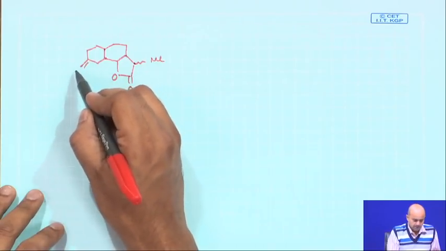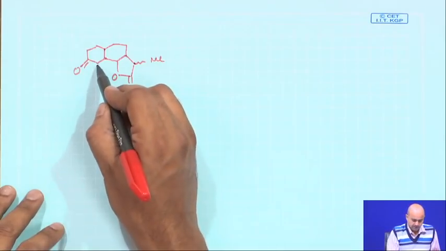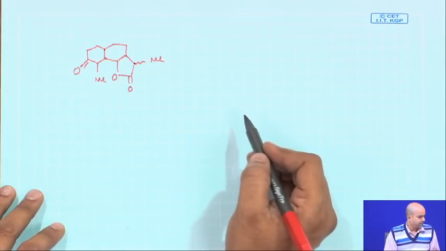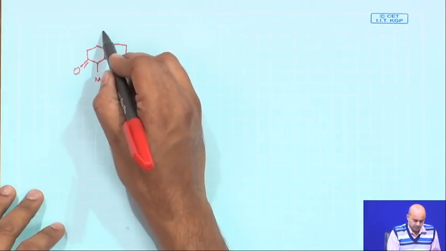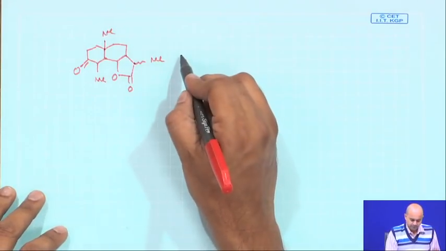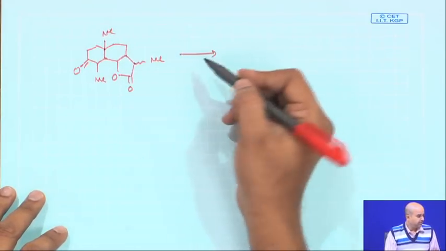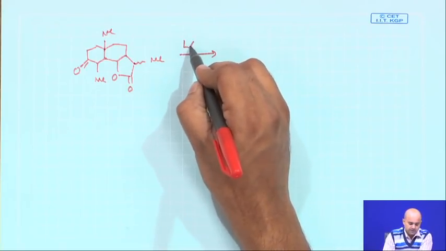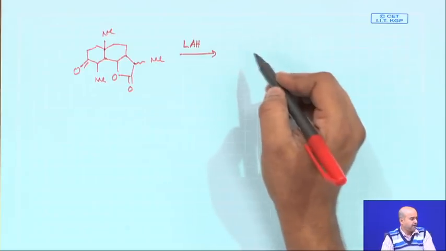We have a compound something like this. The stereochemistry portion I have not mentioned here. The compound structure is this, and I said for this compound, I will be giving you a reagent, lithium aluminum hydride.